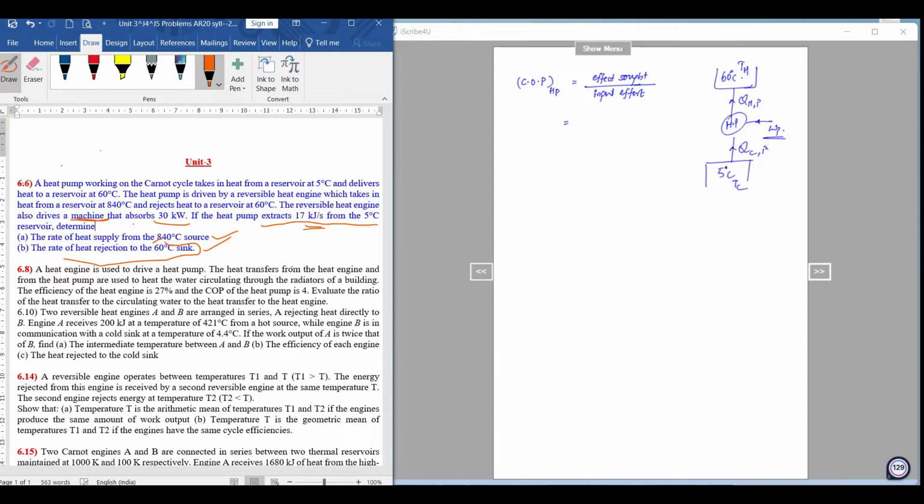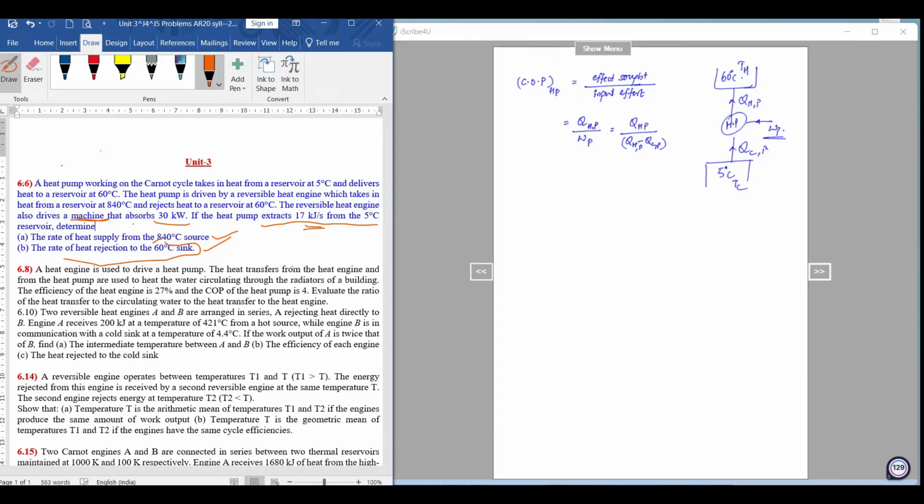So now what is the effect, or QH of P? It's for heating purpose, so QH of P by W of P. So this I can write as QH of P by W of P, which will be nothing but QH minus QC of P. Okay, right.